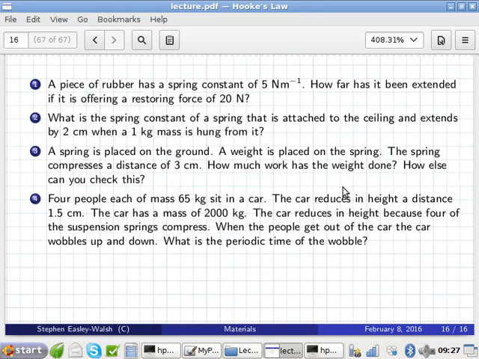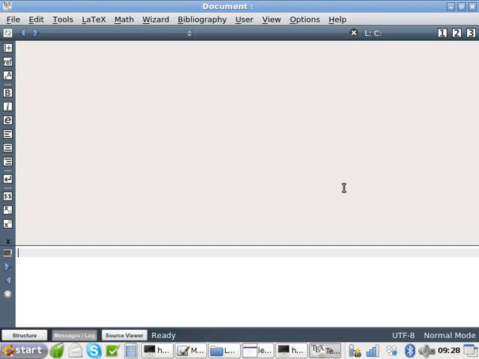So I tried to trick you a little bit here. There's a piece of information I gave you that you don't actually need: the weight of the car. No, not this. The car has a mass of 2,000. No, not this. You need the 1.5.